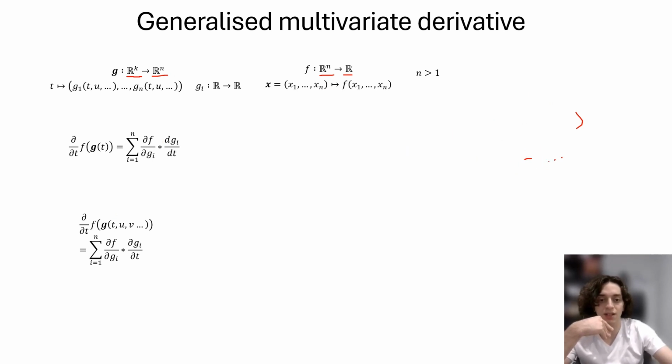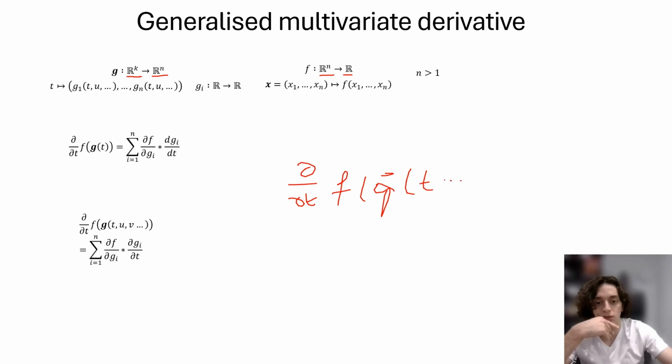What we have is that when we're finding the partial with respect to t of f of g of all these inputs, we need to find the partial with respect to t of g of a bunch of inputs.